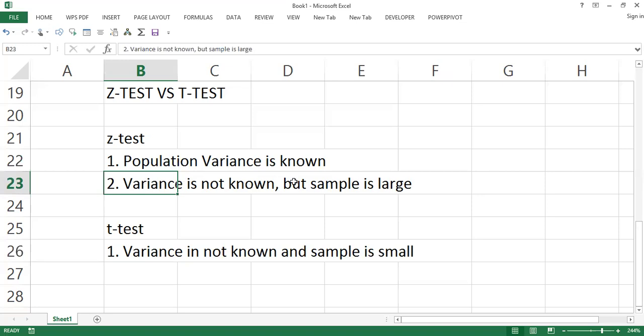If you don't know the population variance and the sample is small, you cannot use z-test at all. You just have to use t-test. Is that clear to everyone?